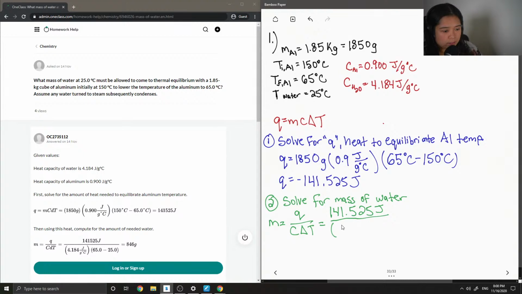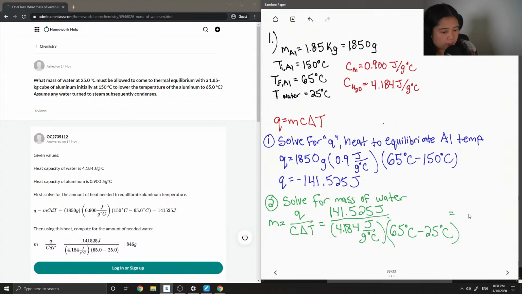The C, specific heat capacity of water, is 4.184 joules over grams times degrees Celsius. And the delta T is just 65 minus 25.